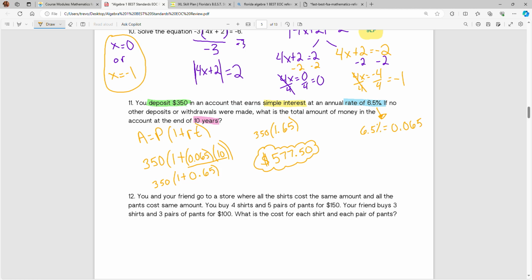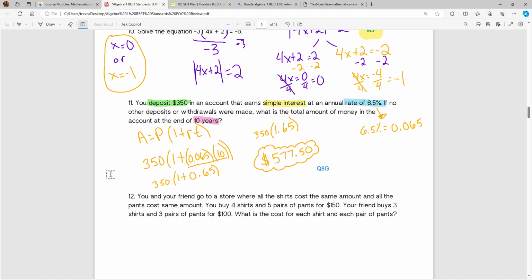And now you can practice this more on your IXL. This was lesson Q8G. In some classes we did this question. I think some classes we might have skipped it.